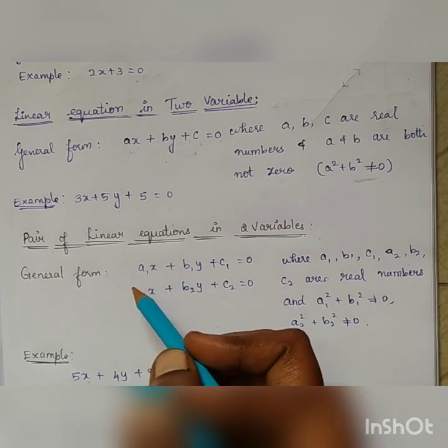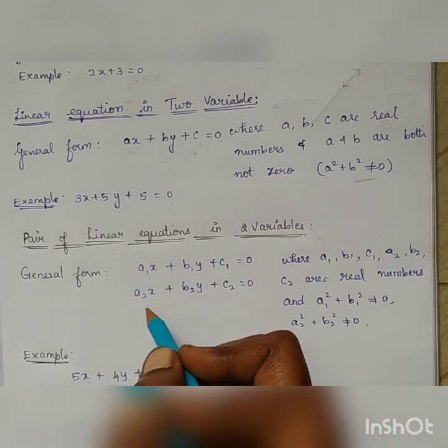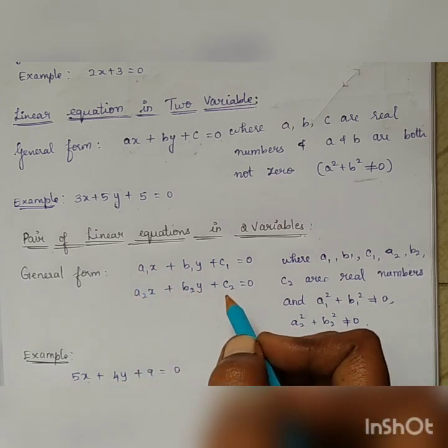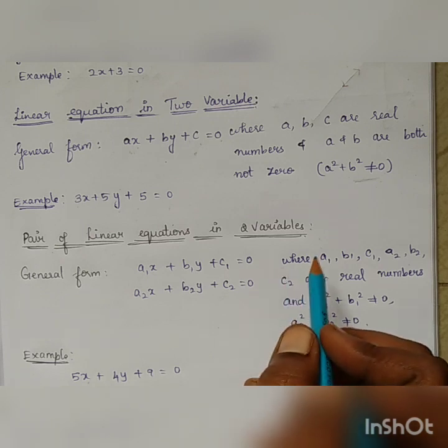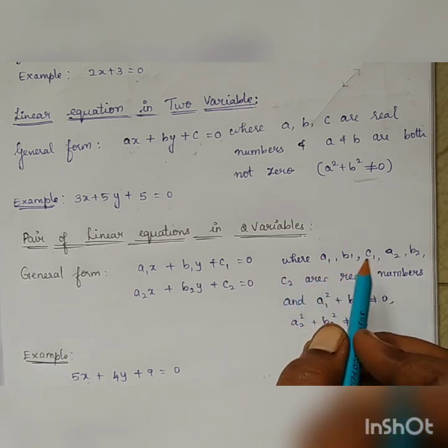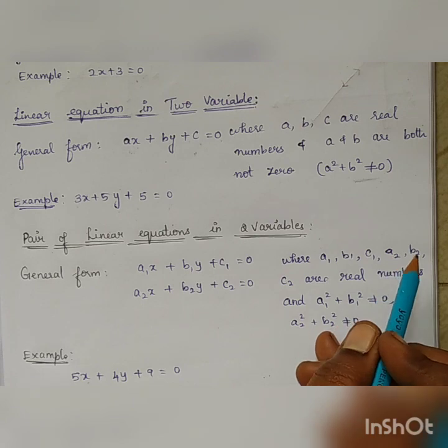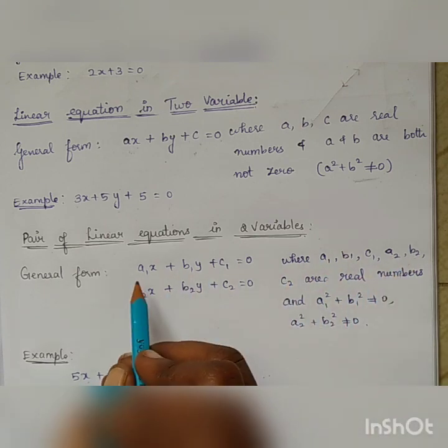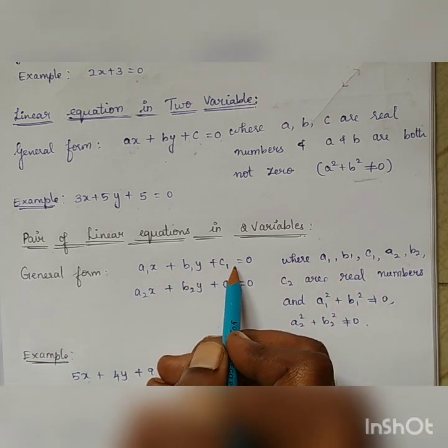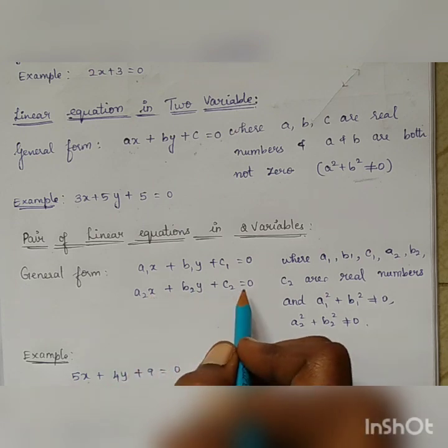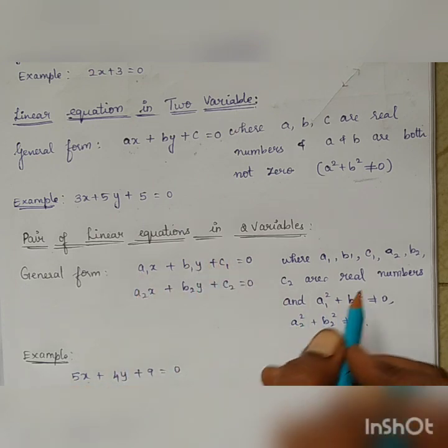Now let us take another equation as a2x plus b2y plus c2 equal to 0, where a1, b1, c1 and a2, b2, c2 are real numbers. See that all these numbers are real numbers.